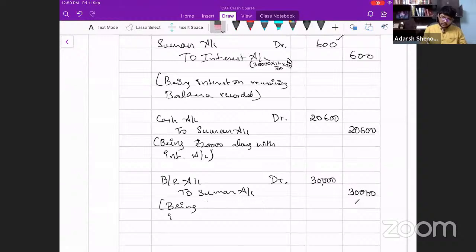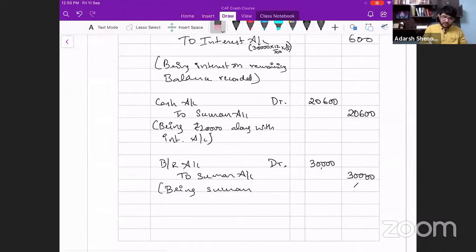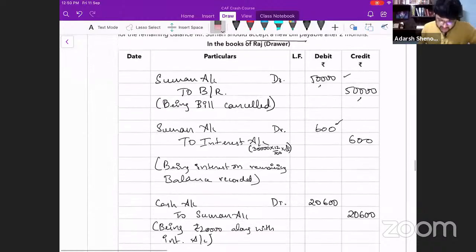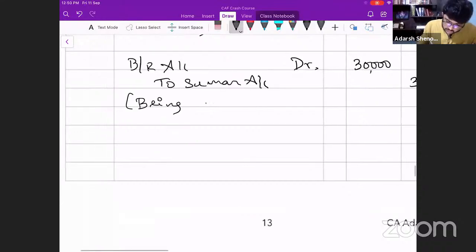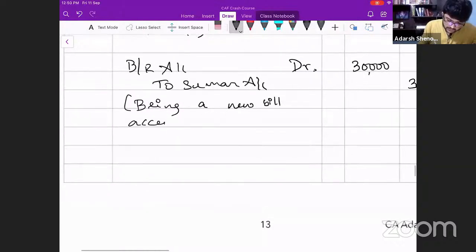Don't write. Being Suman... Hey, wait. What was the sentence given? Okay. Being a new bill accepted by Suman for balance amount.